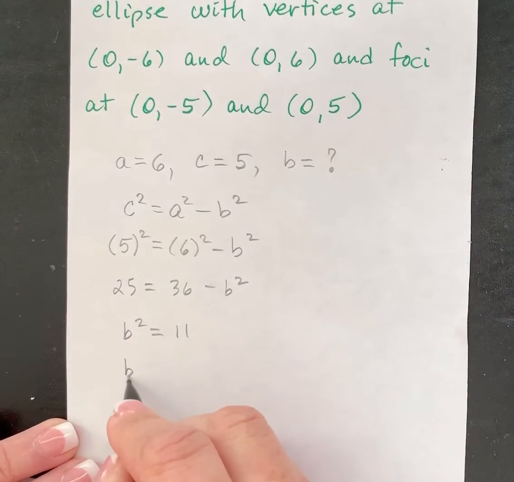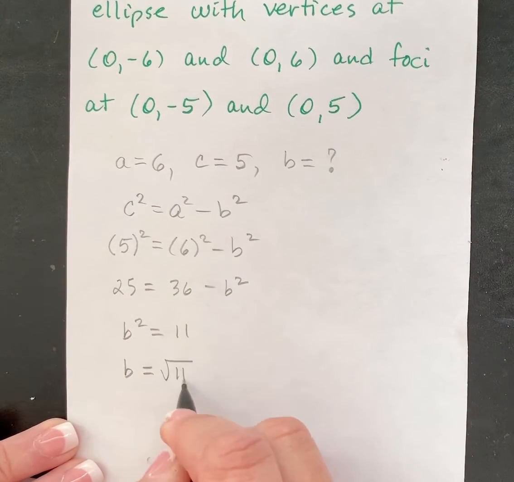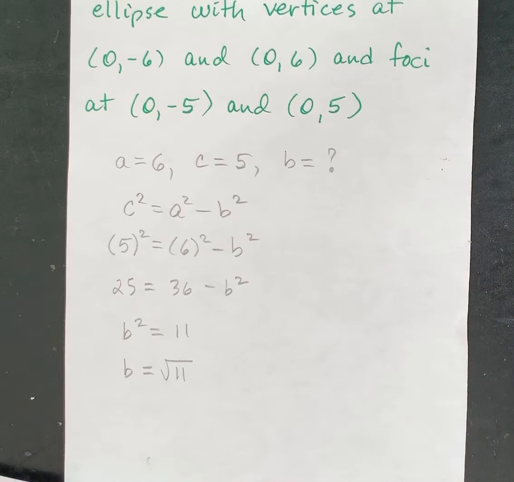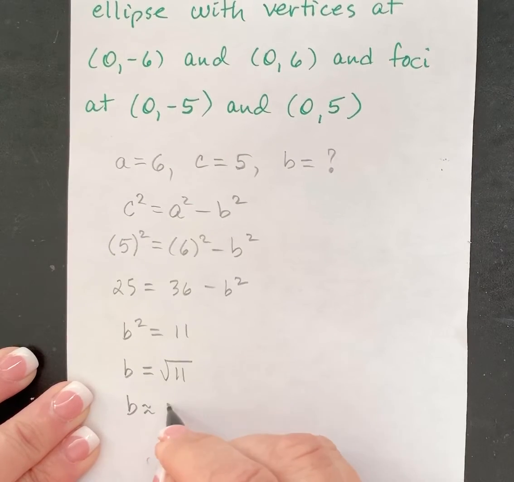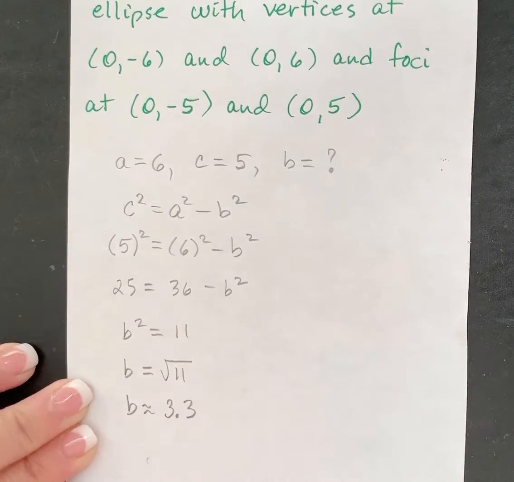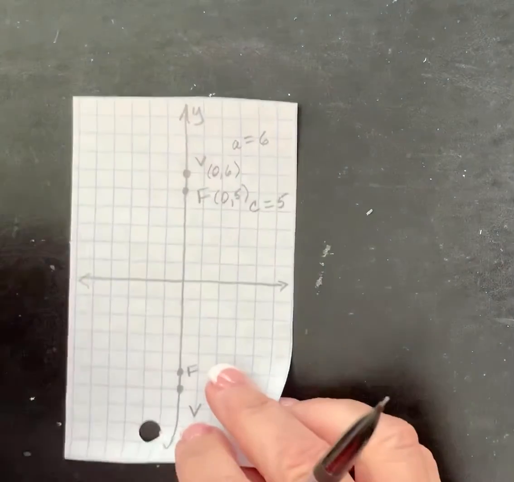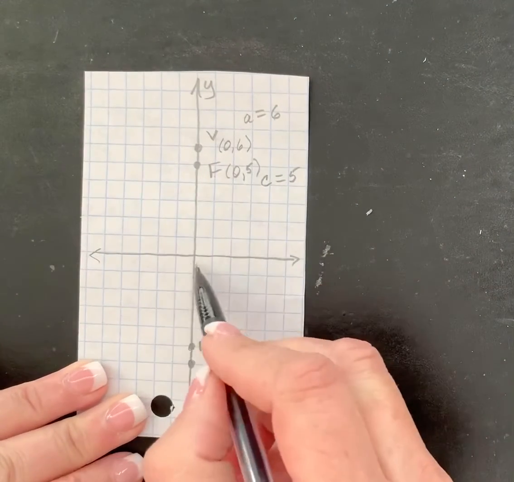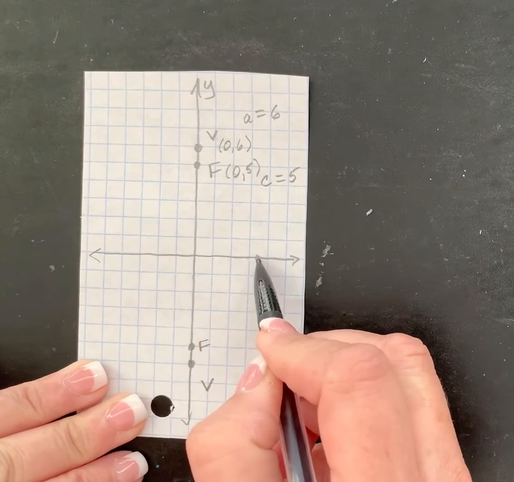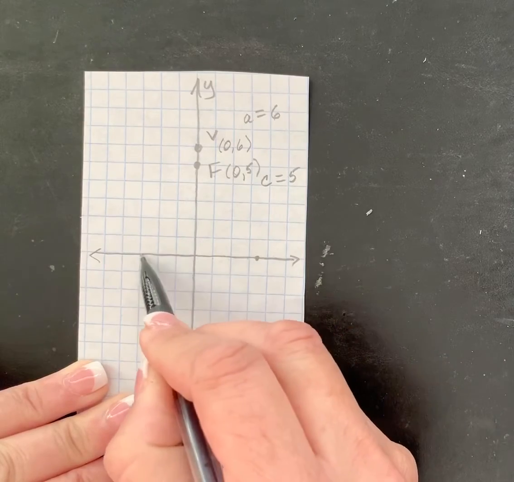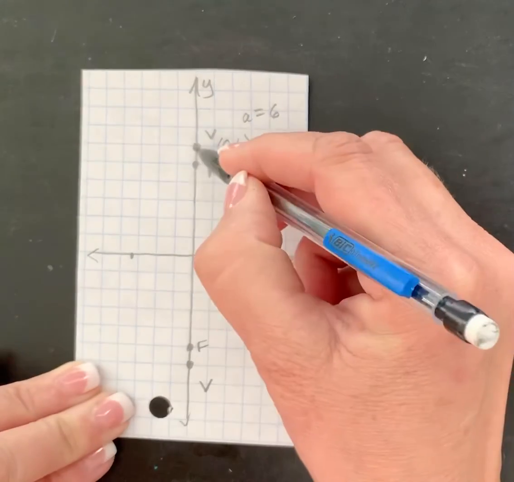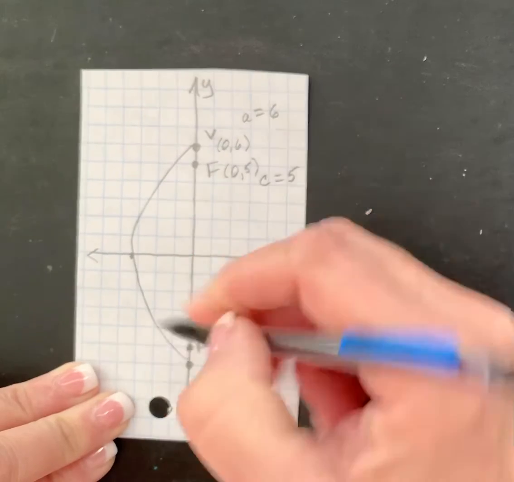Okay, so b itself is actually the square root of 11. All right, and if you were graphing, which technically we don't have to graph in this problem, this would be approximately 3.3. And then you could go out 1, 2, 3.3 for your co-vertices, and then you could have your graph.